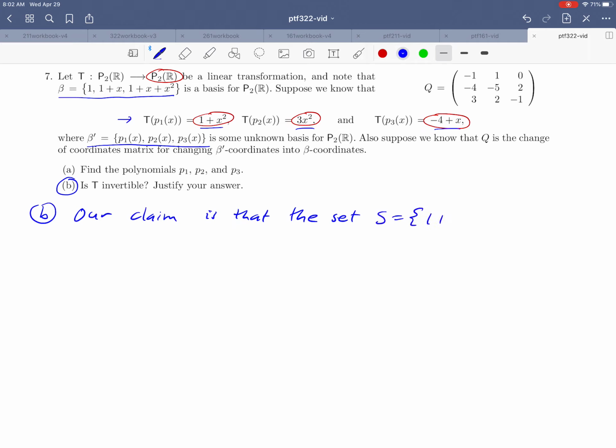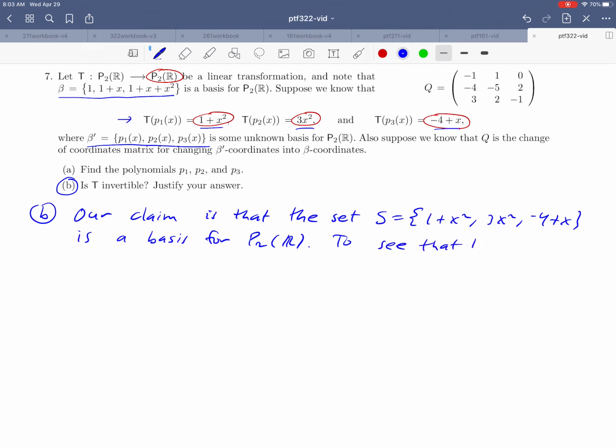Our claim is that the set, we'll call it S, the set of these three outputs that we're getting, is a linearly independent set. We'll go a step farther and actually claim that it's a basis for P2 of R. A basis has two properties, one of which is linear independence. So let's start with the linear independence part.